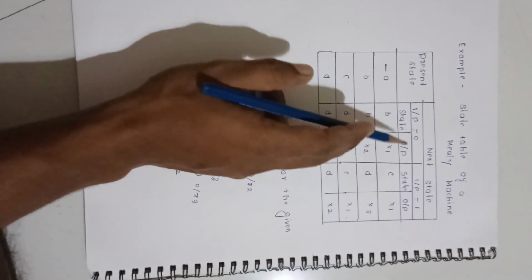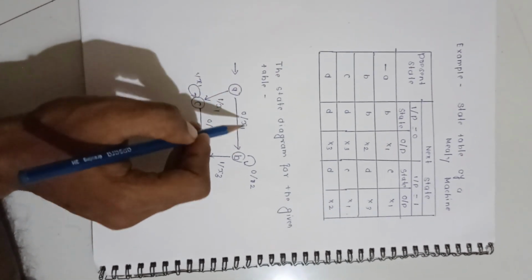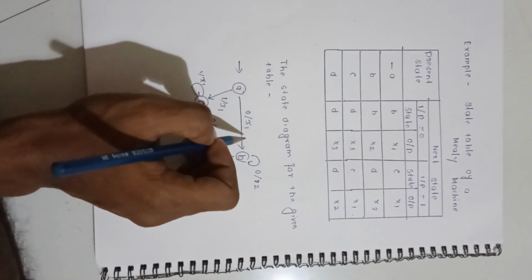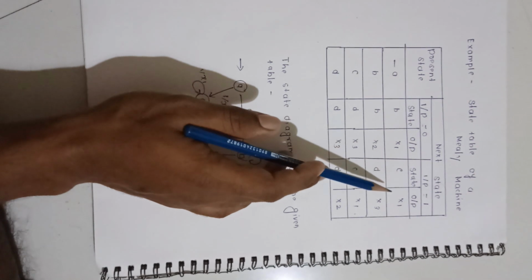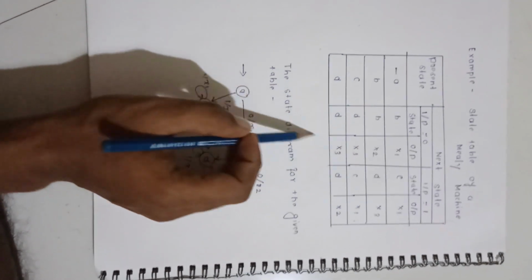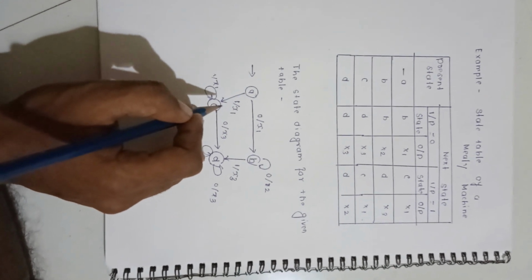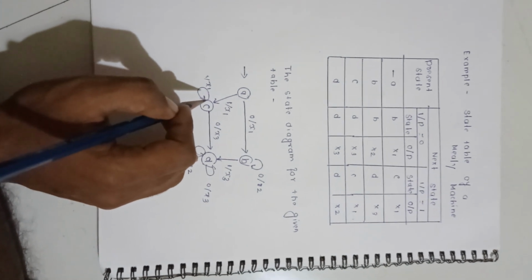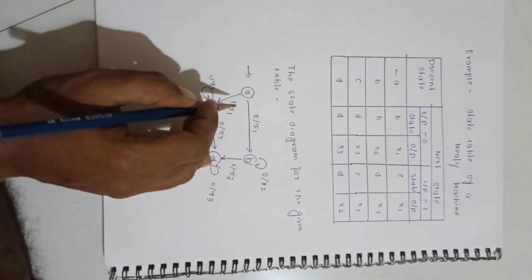When the input is 0, A goes to B and generates output x1. When the input is 1, A goes to C. C goes to itself on input 1 and generates the output x1.